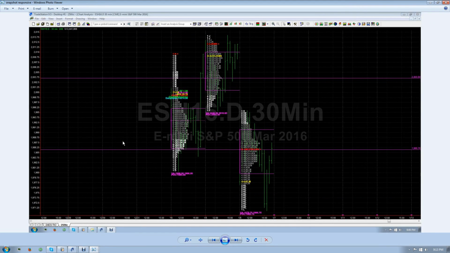And if I can, I'd like to show you responsive activity in a real chart. And you can see here the market closed on a high, and then the market opened up about one tick below that high, and you can see the A period and the B period and even the C period came down and got into the range of the prior day.